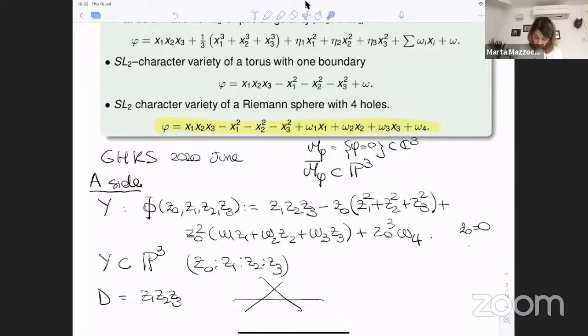Now, however, I could also think about it in a different way. I can look at it in C3, and I can think of this x1, x2, x3 equal to 0. I can think of it as something which is written in P2, because it has only 3 homogeneous coordinates.